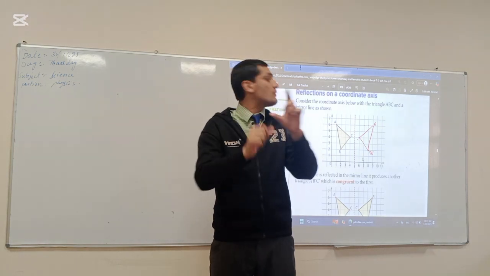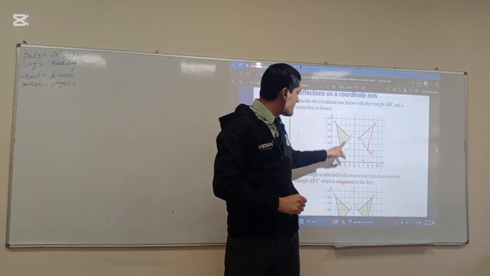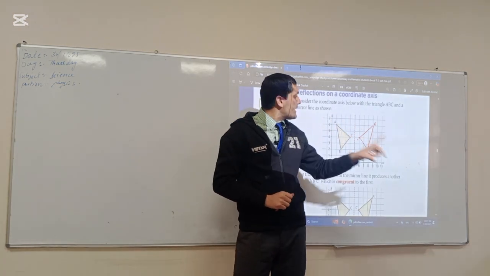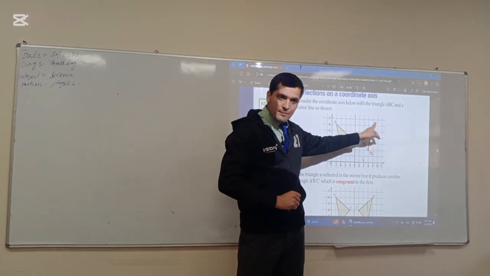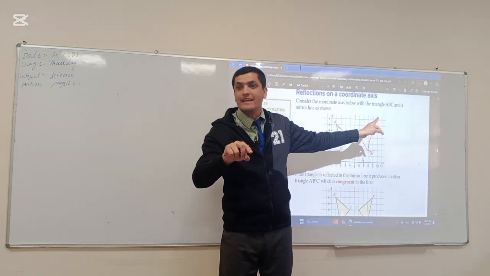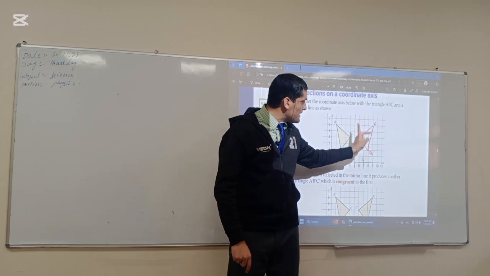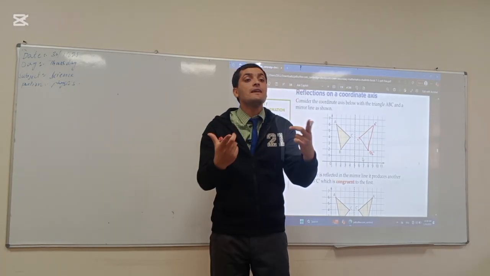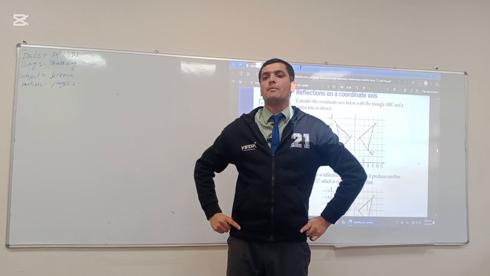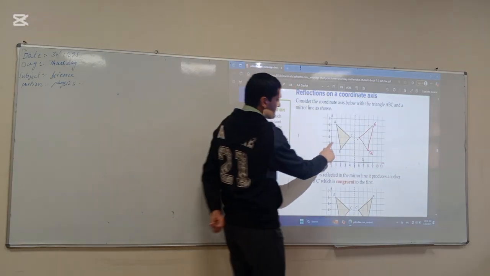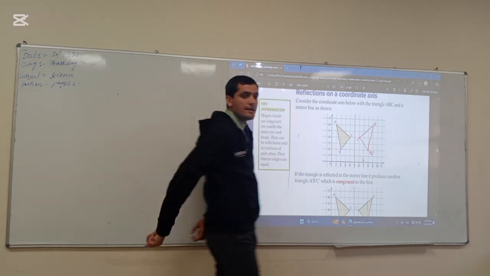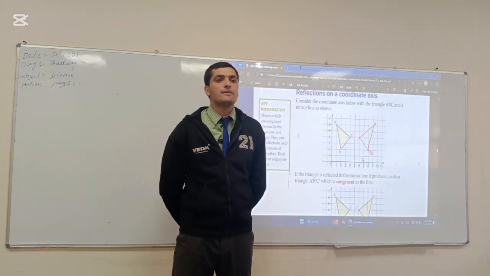You have to specify the coordinates of A, B and C, and after reflection specify the coordinates of A dash, or A complement, and B dash and C dash, and see what has happened to A, B and C. Look here, what is the coordinate of this point? Can anyone tell me the coordinates of A?